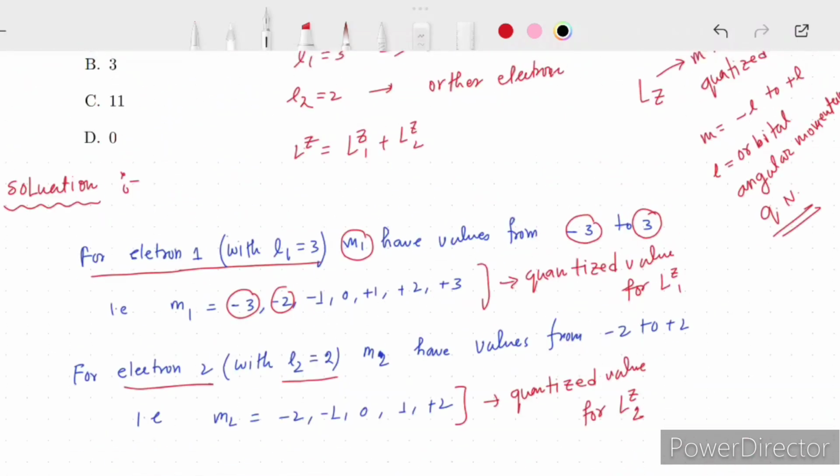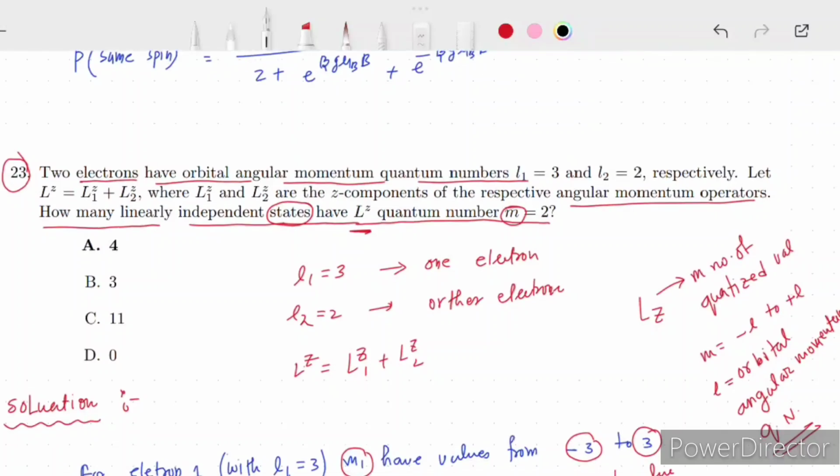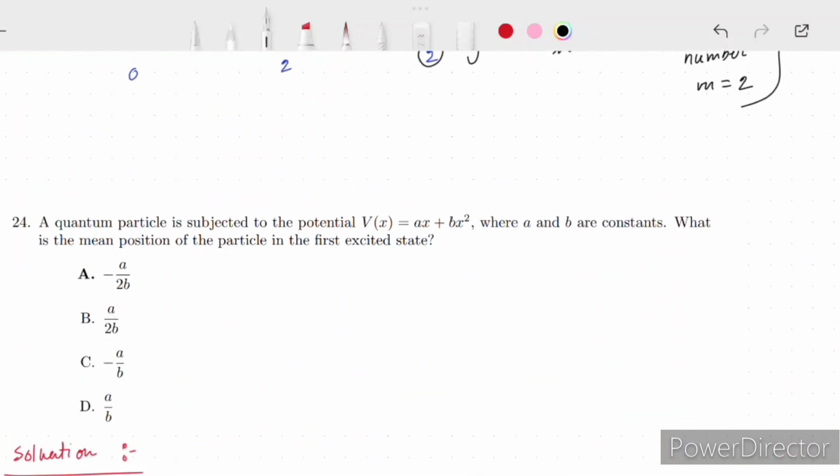Please understand what the question actually asks. For this question, option A is the correct answer.